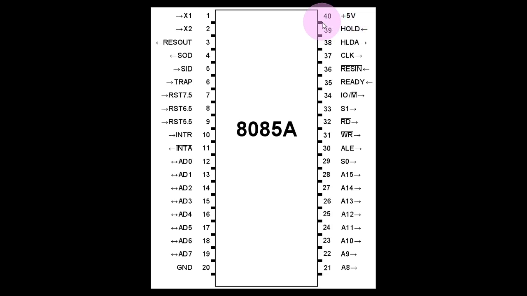The second thing you will ask is, once you have connected the battery, where is the ground? Ground is pin number 20. So plus 5 volts is required at pin number 40, and ground is the pin where you require grounding of this IC for reference voltage.